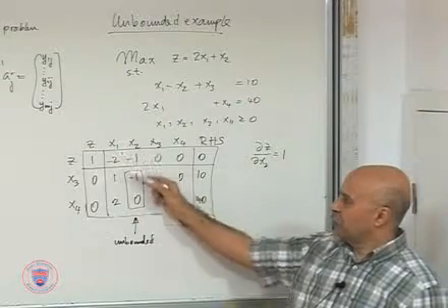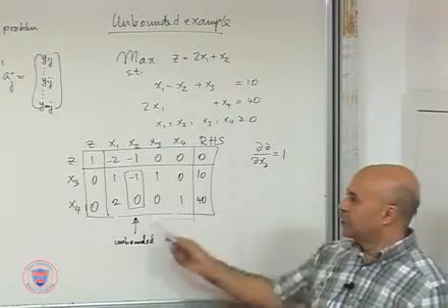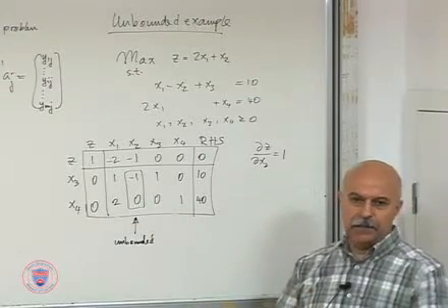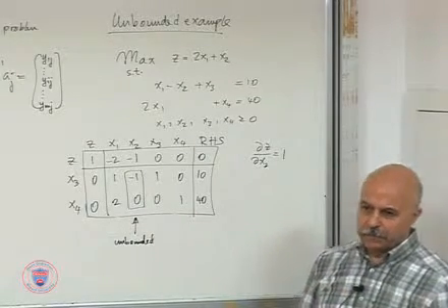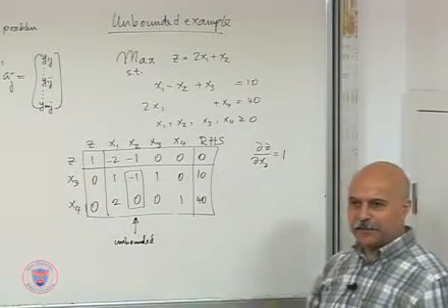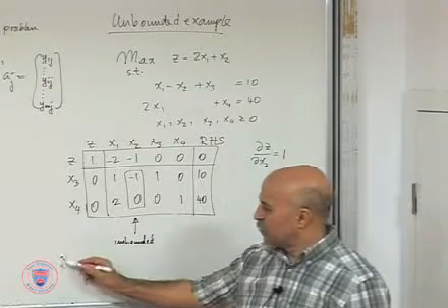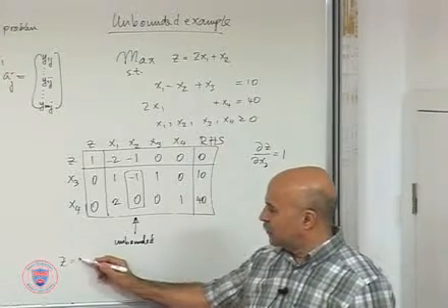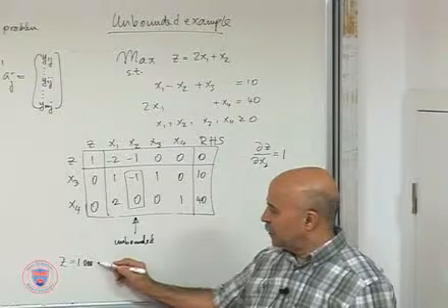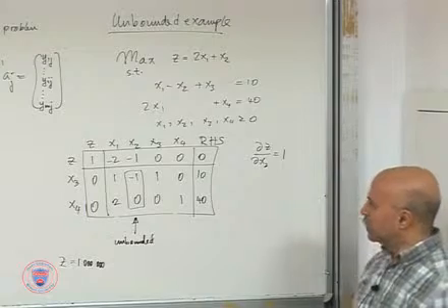If we actually entered x1 and went through one more iteration, we would have detected unboundedness in the new tableau, which is fine, no problem. But, you know, I'm lazy, so let's just do it here, okay? All right, so in this case, suppose I want to get an objective value of, say, 1 million, whatever. Could be larger than that if you wish.